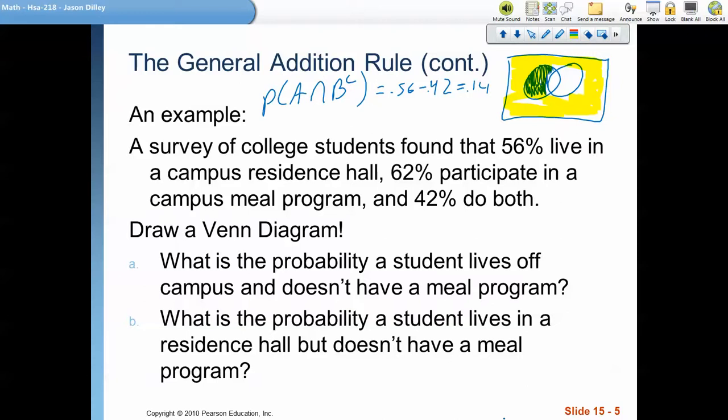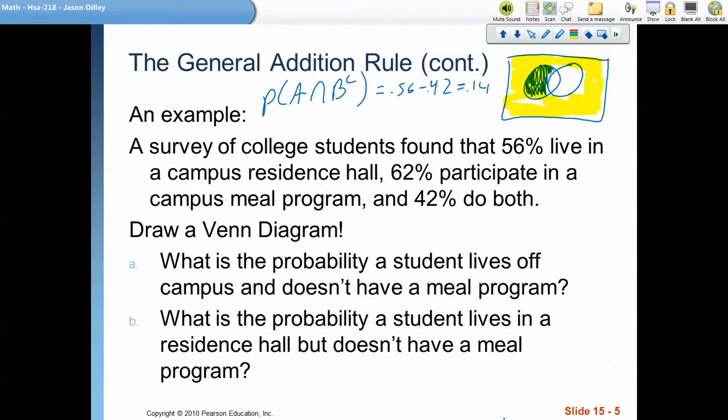So again, part of what I'm trying to get across to you guys here is that we need to be flexible. Flexibility when solving these problems is really important because we can use formulas, but there are times when the formulas won't do as well. And so it's much more important to think about the problem logically.